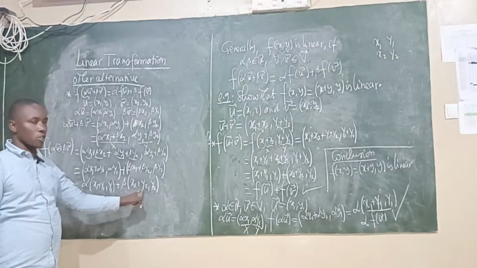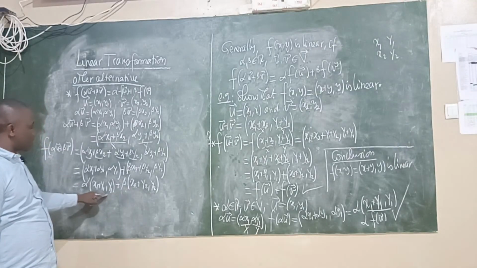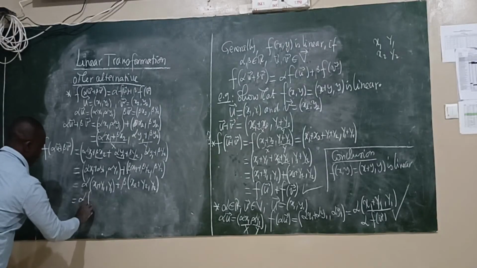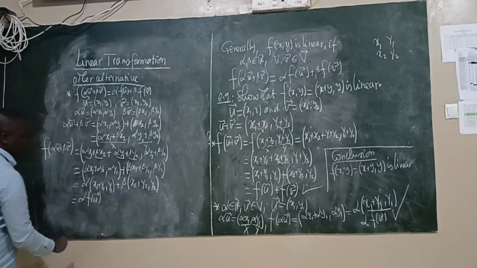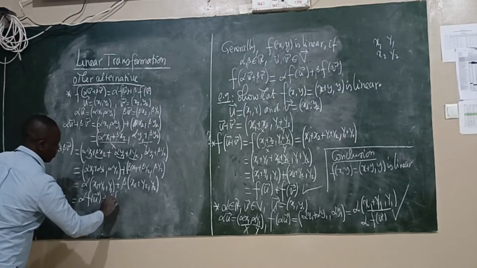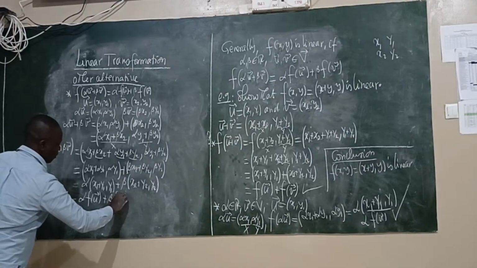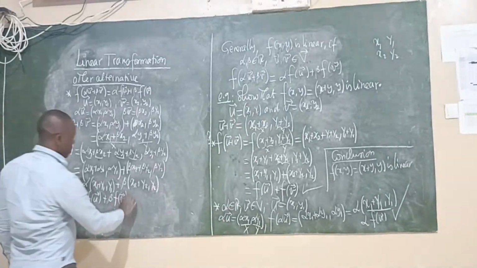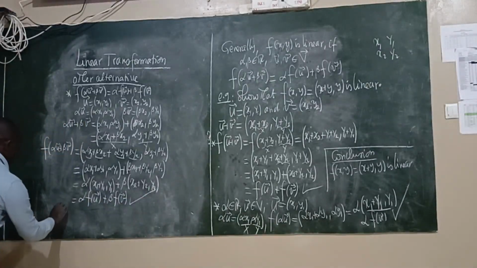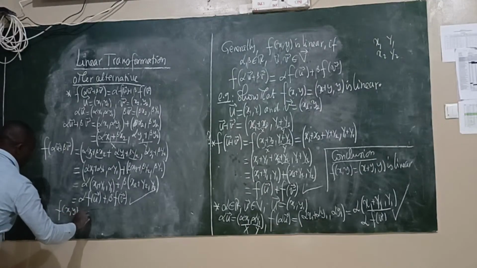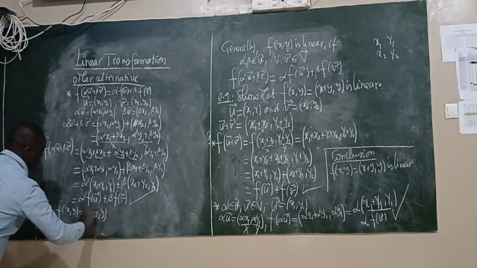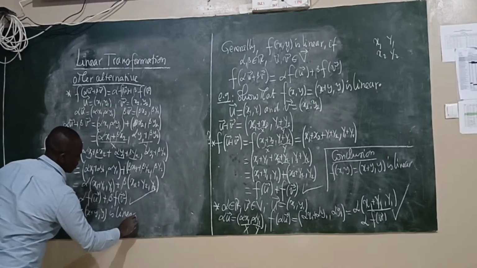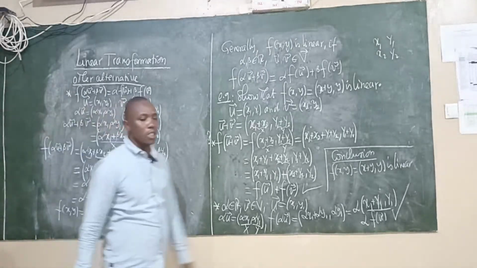That's why this must be a function of v, while this is a function of u. This is going to be alpha f of u plus beta f of v. Because this is verified, the transformation f of x, y, which is x plus y, comma y, is linear. This is the conclusion we need to write.